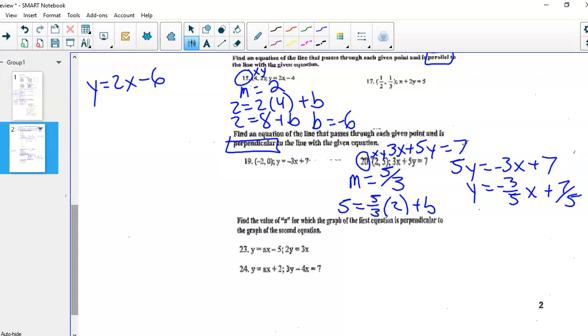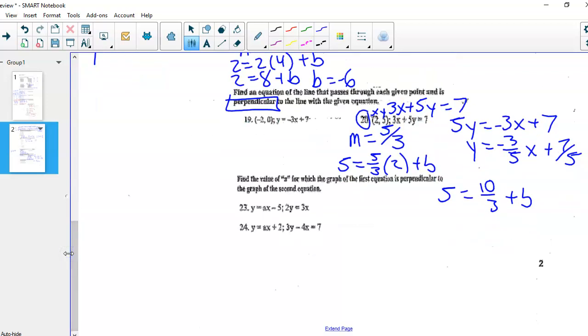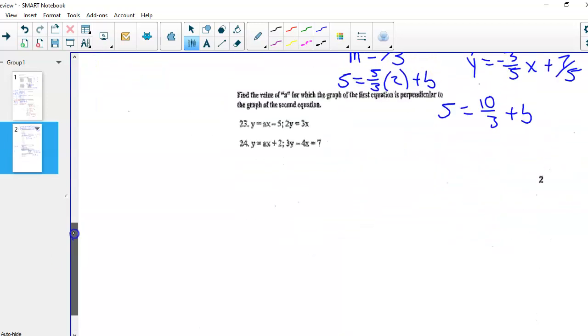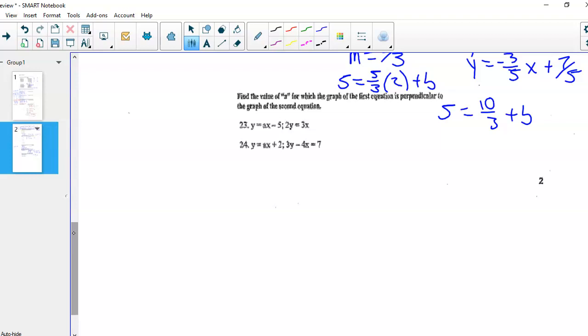You're going to subtract this from both sides. Now, if you were doing this by hand, yes, you would need to get common denominators and make 5 a fraction, but you can use your calculator. I'm going to do it by hand.